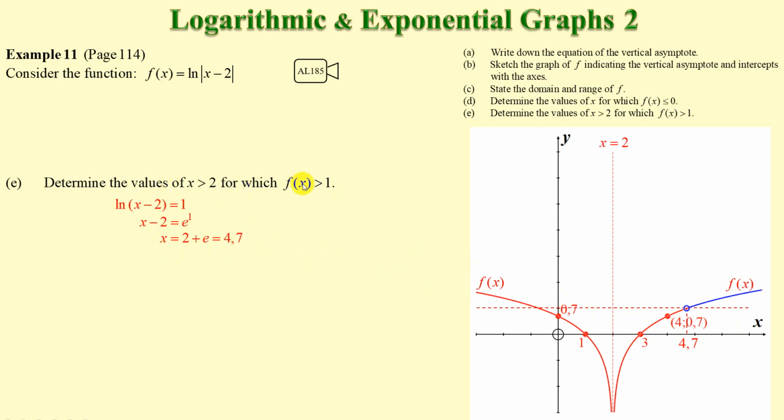It says determine the values for which that's the case. So we're using this as guidance for ourselves, but I would suggest you do actually calculate that value. So there we are. From 4.7, because it's not including, circle, it's greater than, to infinity.